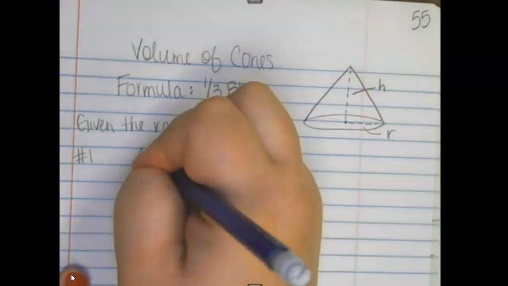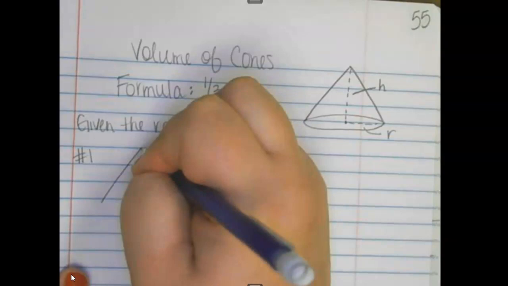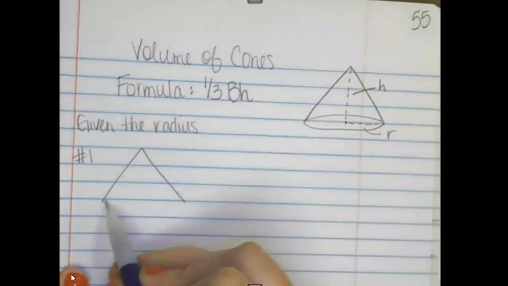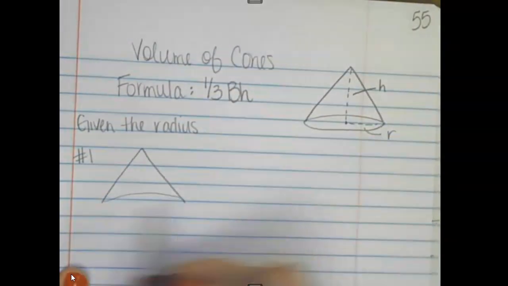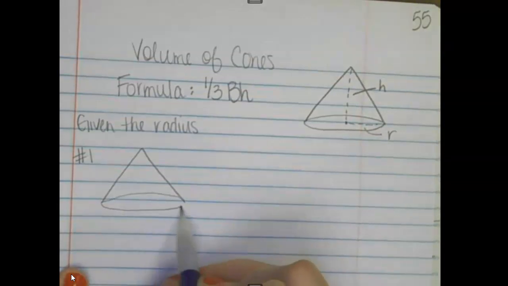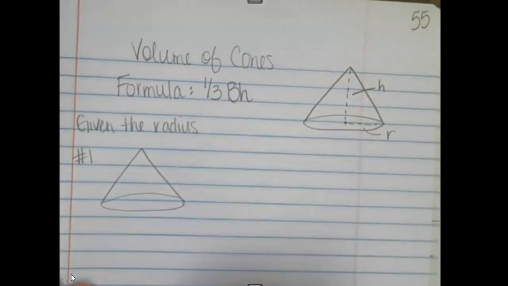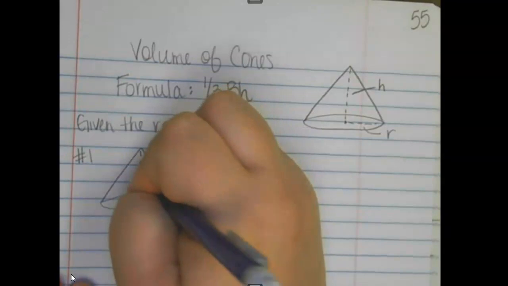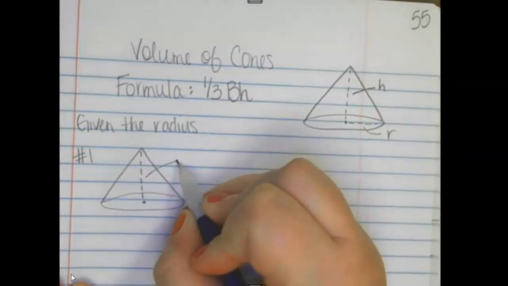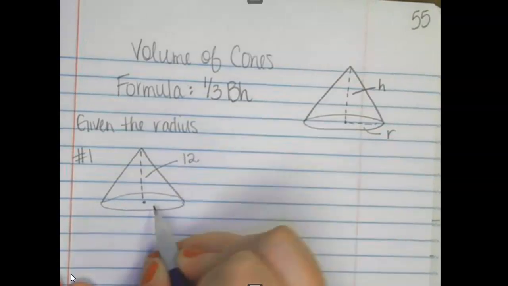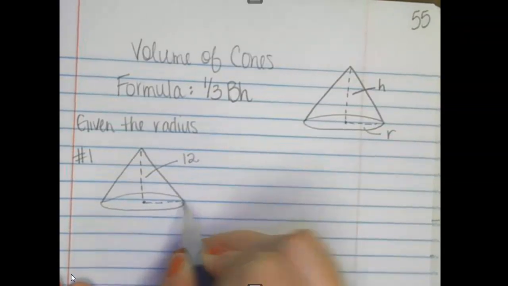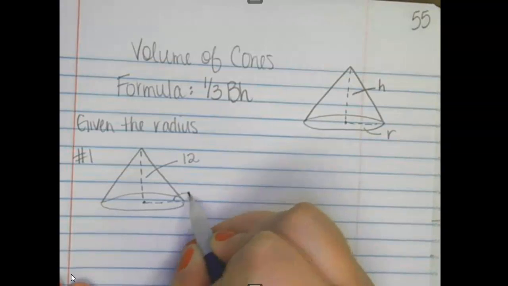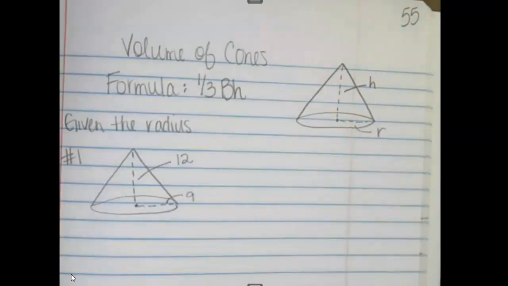So I'm going to draw a cone. The dotted line down the center to the middle of that oval, and I'm going to show that that is 12. And I'm going to do over, and that's going to be 9. Okay, give me a minute to get that down.